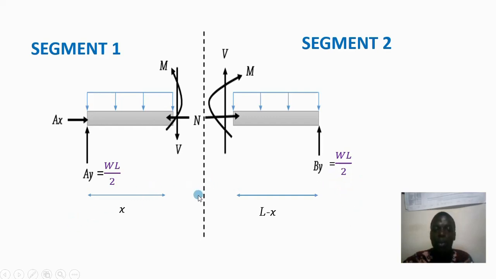If we are taking this section to be at a distance x from point A or support A, then from the cut to the support B it will be L minus x, since the whole length from A to B is L.